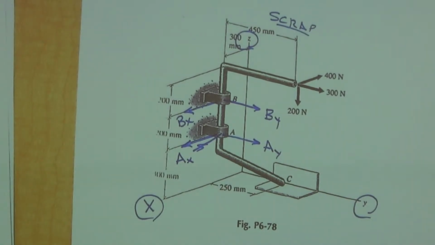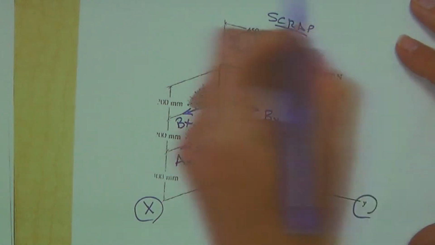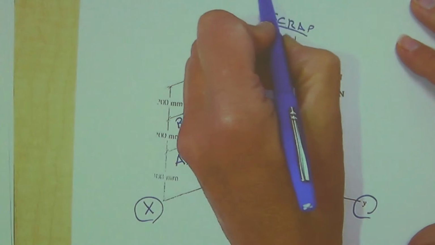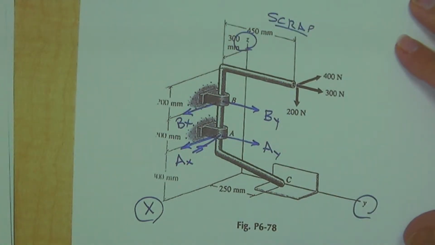Let's see what it says. The bar rests against the smooth horizontal and vertical surface. So Lucas, what is that telling us? Right. One or two of them. So let's read it again. The bar rests against the smooth horizontal and the smooth vertical. Two of them. So how should I draw them?